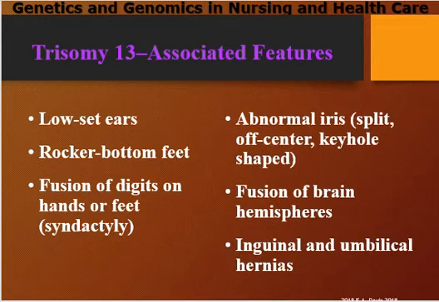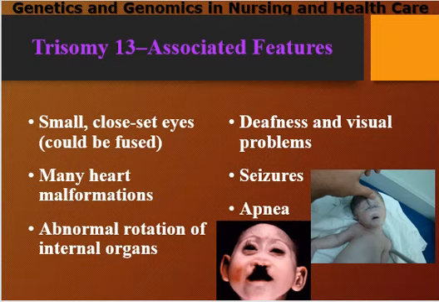They also have low-set ears. Just like trisomy 18, they have the rocker bottom feet. They have fusion of digits on hands or feet. They have an abnormal iris, okay, split, off-center, keyhole-shaped. They can have a fusion of brain hemispheres and inguinal and umbilical hernias. Small close-set eyes, and they could be fused because remember those hemispheres kind of fused together.